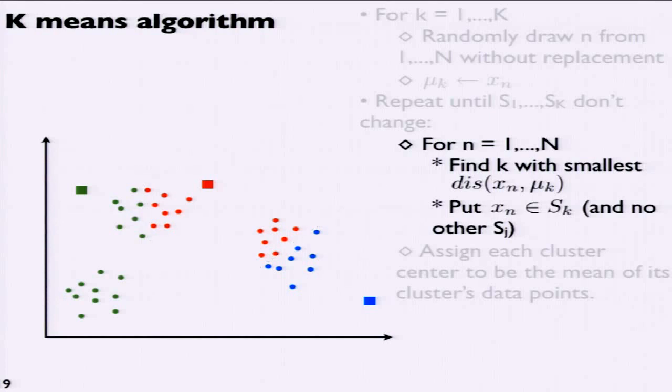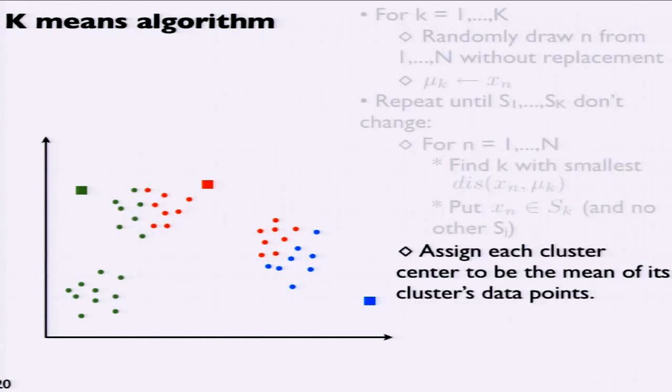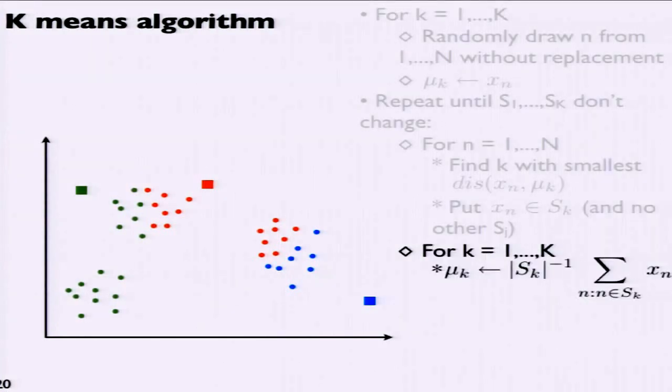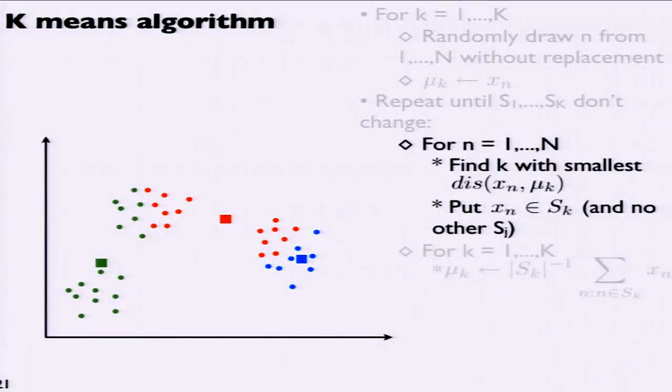Second, once we have this, we're going to assign the cluster centers to be the mean of the data points. So ignore the existing cluster centers. We're just going to look at these red data points, for instance, and calculate their mean. Here's the particular formula, and here's what it looks like. And now we just iterate. We keep changing until there's nothing else we can do. So we go back here and ask, what are the assignments that we can make?